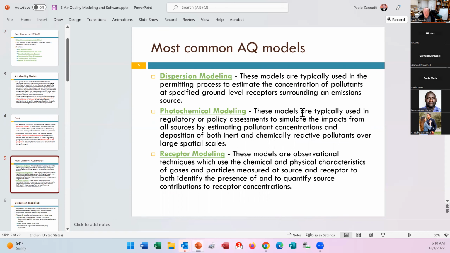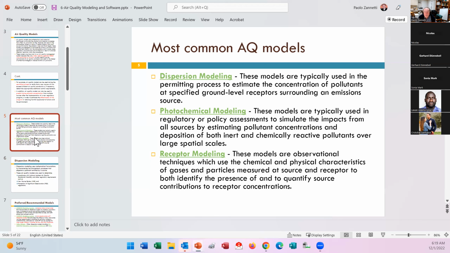The most common air quality models, according to the EPA, but we agree 100% with this statement, are dispersion modeling, like AERMOD, like those that you have seen so far, photochemical modeling that we have discussed yesterday, so grid models, and receptor modeling that we have briefly touched on the first day, and we may be able to say a little more if we had the time today, which is a statistical approach in which you just use measurements of particulate matter to try to understand where these chemicals are coming from.